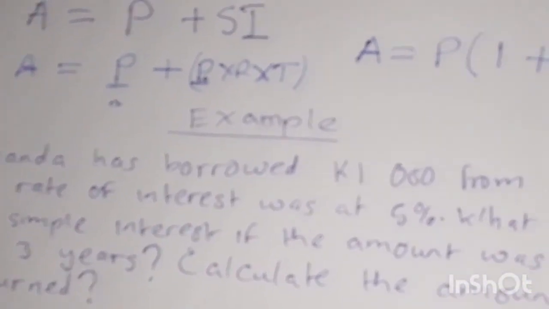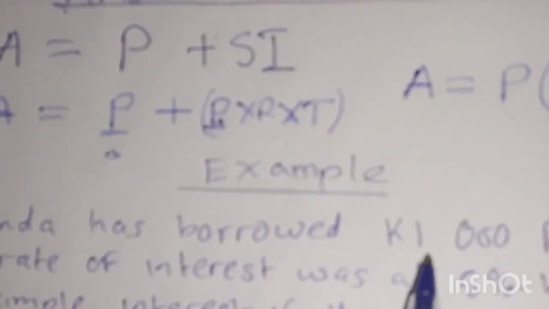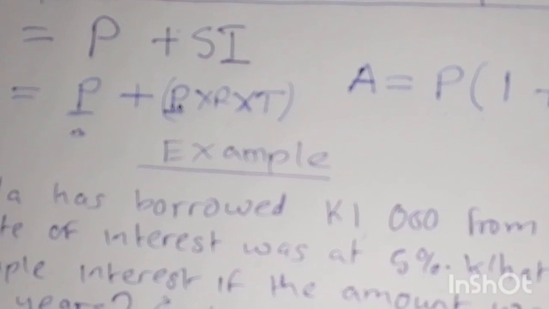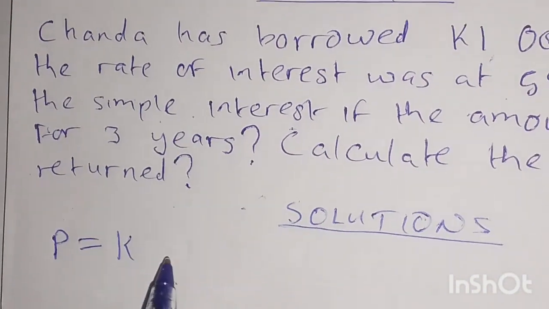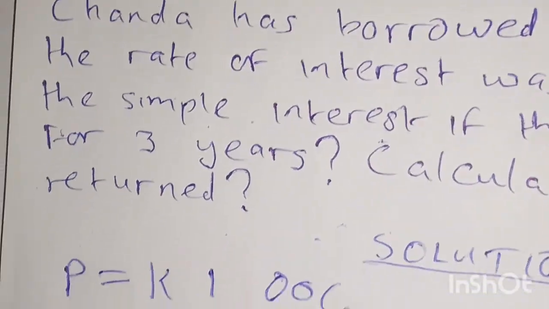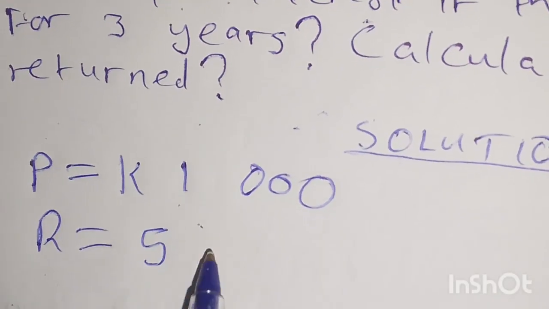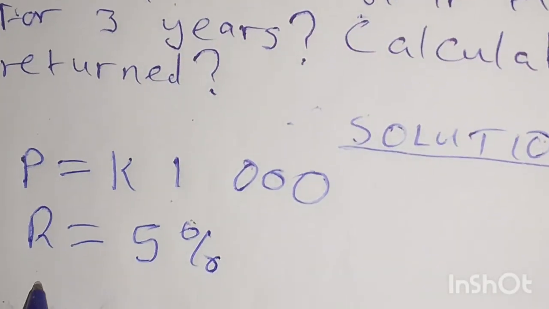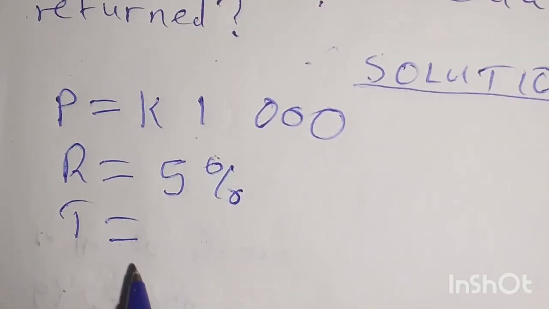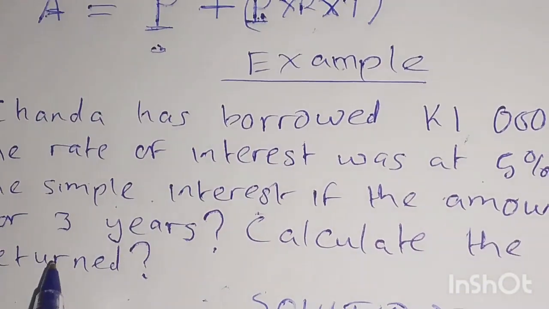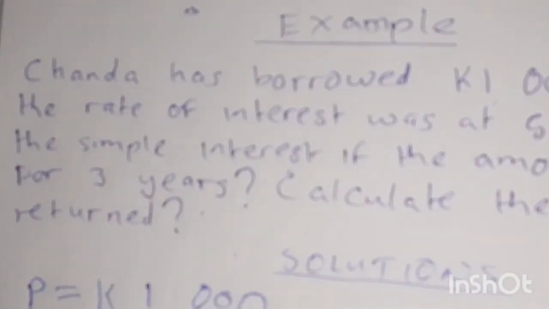The principal is 1000 kwacha. The rate is equal to 5%. The time is 3 years, since it was borrowed for 3 years.